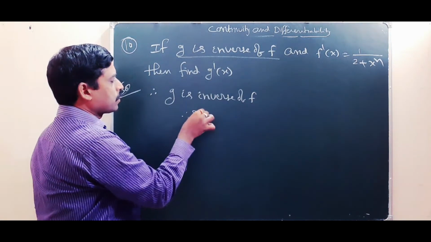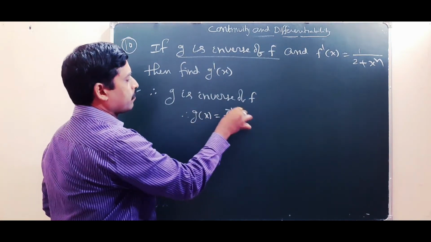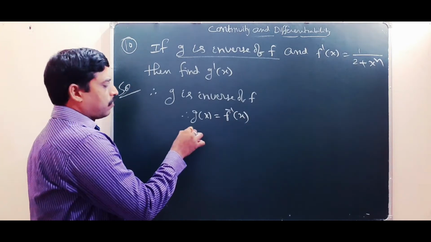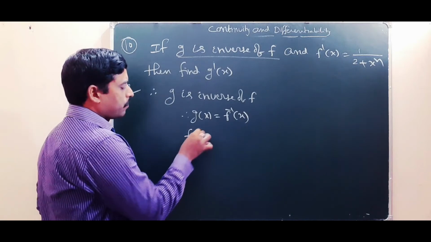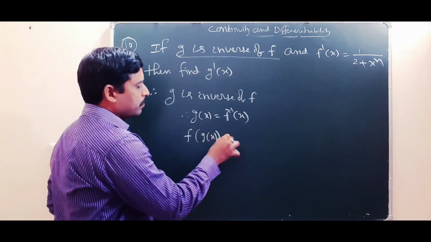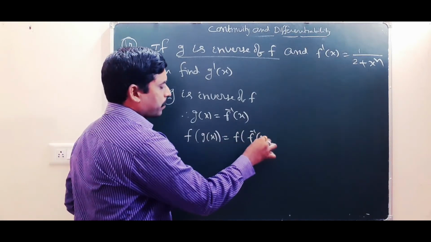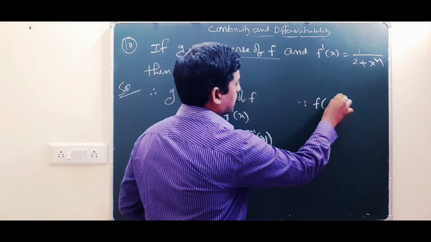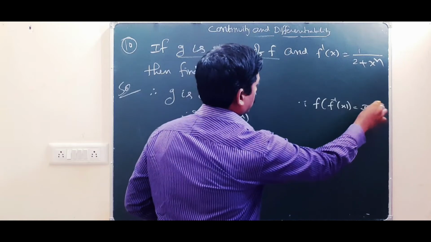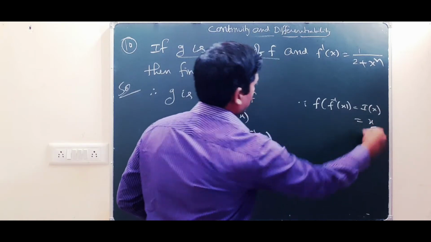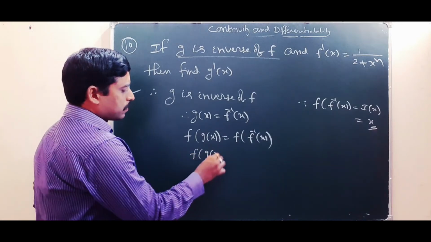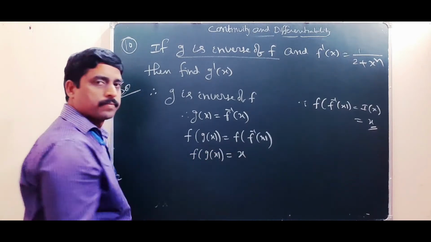This means g of x equals f inverse of x. Now taking the f function on both sides, f of g of x is equal to f of f inverse of x. We have f of f inverse of x is equal to I of x, which is equal to x. So f of g of x is going to be x.